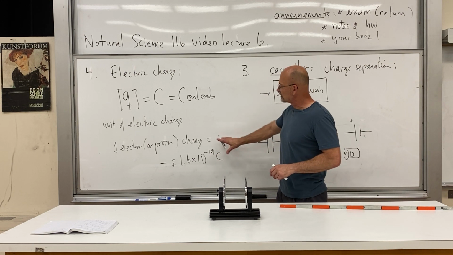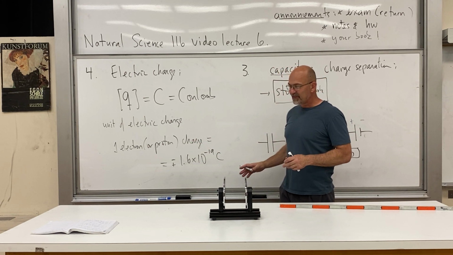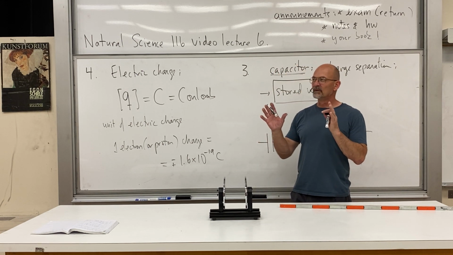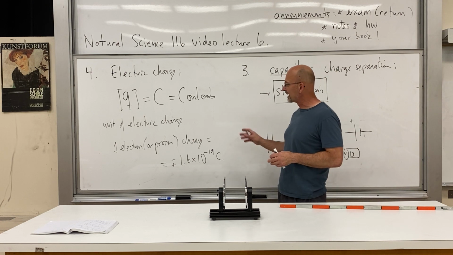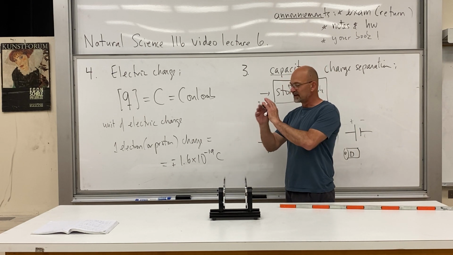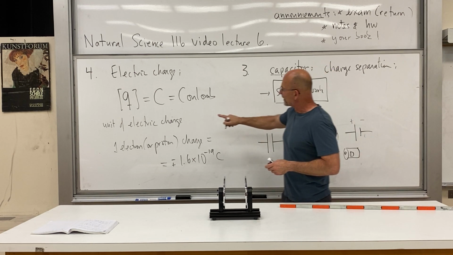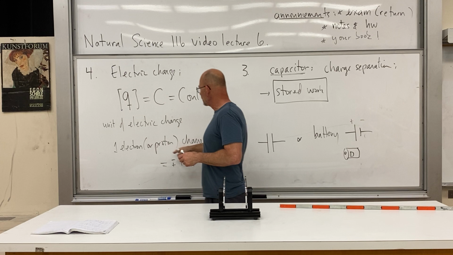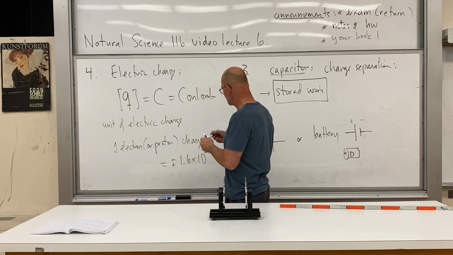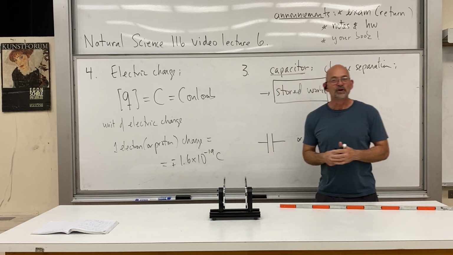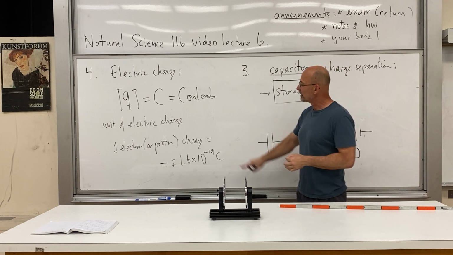There are so many electrons carrying charge around that we can often think of the movement of electrical charges as the movement of a fluid, because there are so many in any given volume of, say, a wire. But the main thing we learned here, we're going to call this Q, and the unit of electric charge is called the coulomb. So this is the first time we have a new unit in quite a while. It's always just been kilograms, meters, and seconds up to now. Now we have the coulomb.